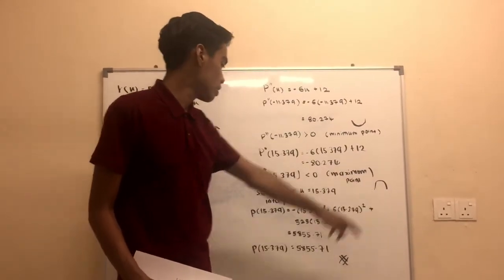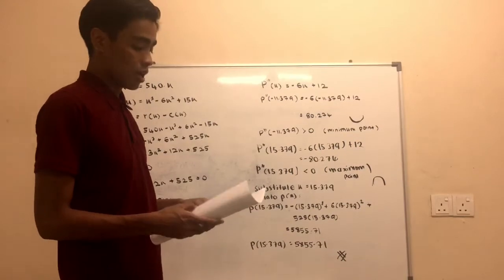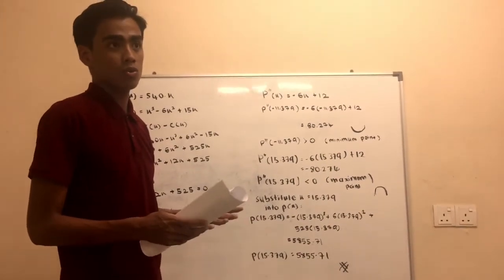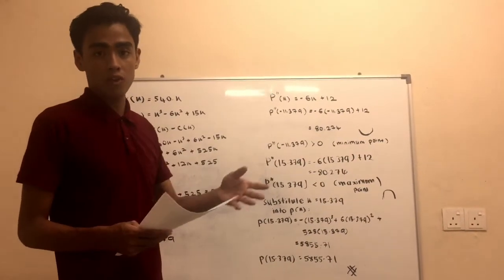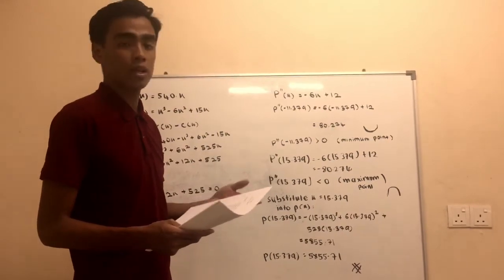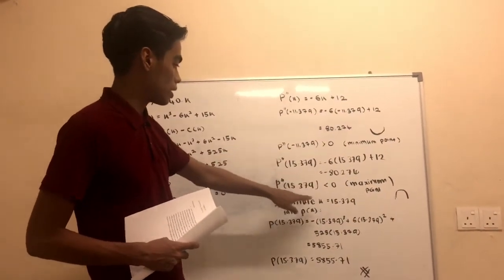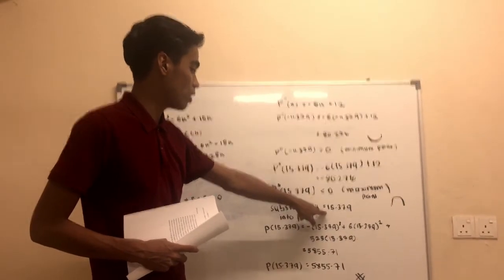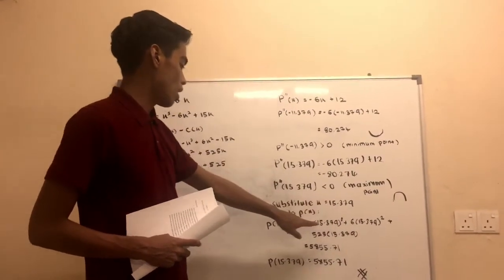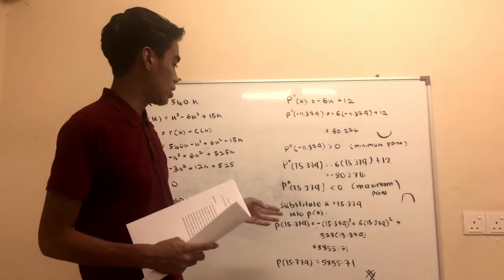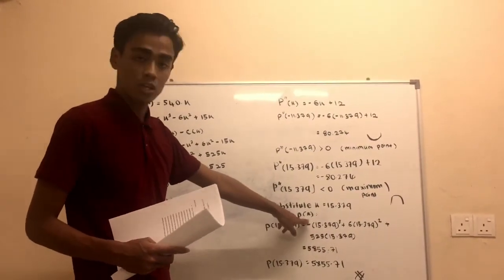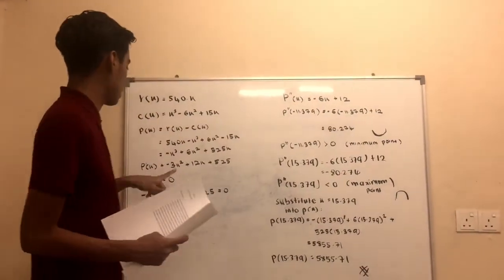And the last one, we want to find the optimization of profit that Apple wants to make. So we use the maximum point here. We take x equal to 15.379, and we substitute it into the initial equation of P(x).